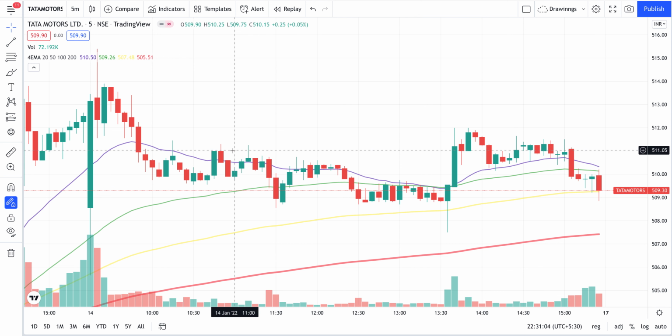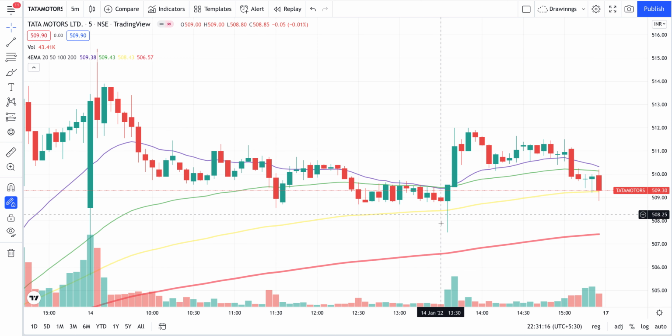Okay, so this is the best chart you can use. This is the method by which you can analyze in the best way. Here we already mentioned that there is a change in direction, and we can see that until this period it hasn't touched the 100 moving average.